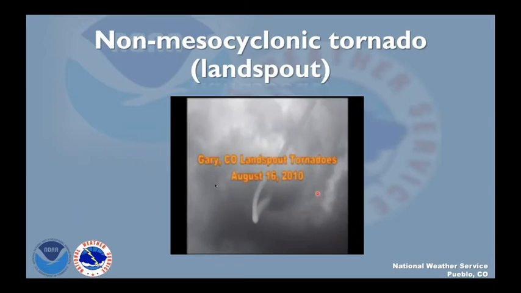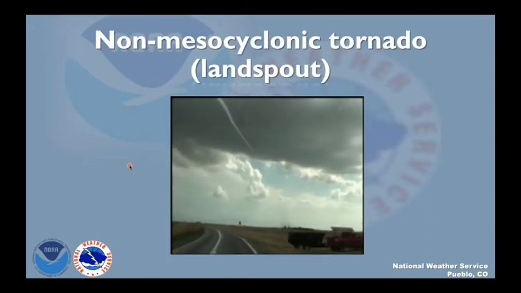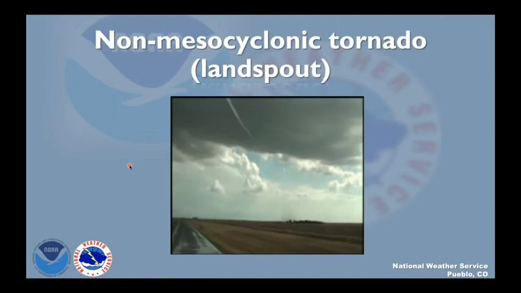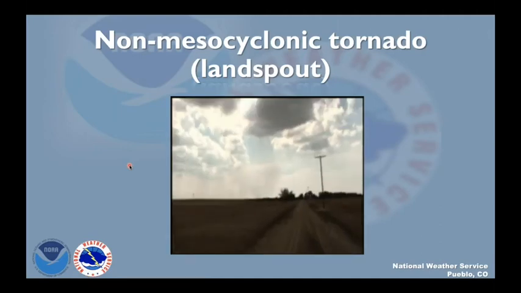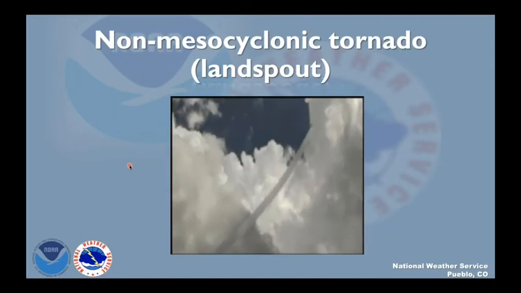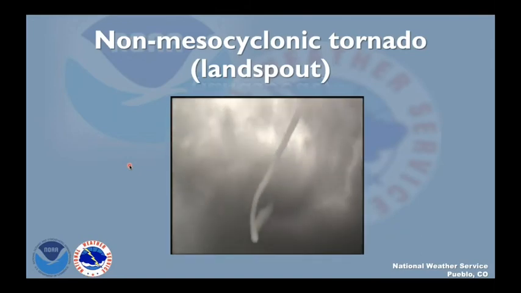Let's see. All right, it's going. Here's what it looks like. Gary, Colorado. We're just south of Brush, and we got a tornado basically coming right over our heads here.